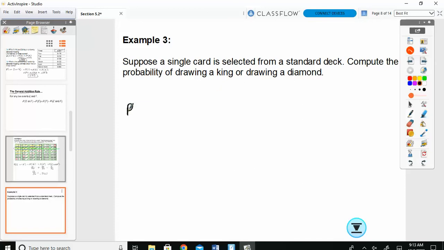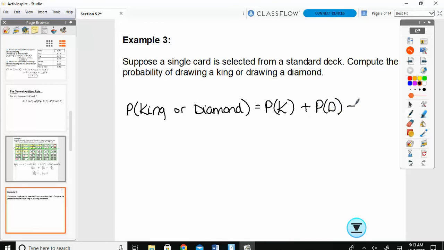I want the probability of drawing a king or diamond. Is it possible to be both? Yes. So it's not mutually exclusive, so we have to do the general addition rule. So the probability of king plus probability of diamond minus probability of both.